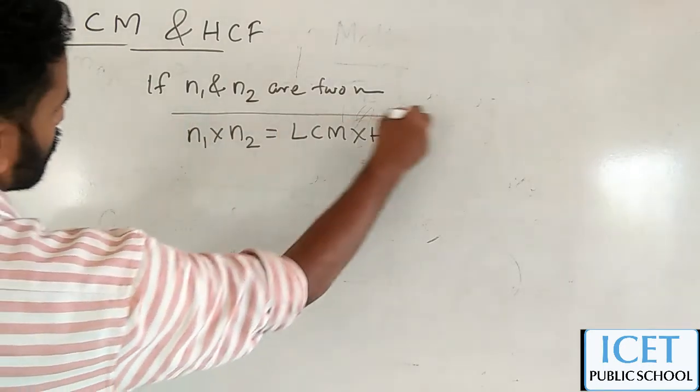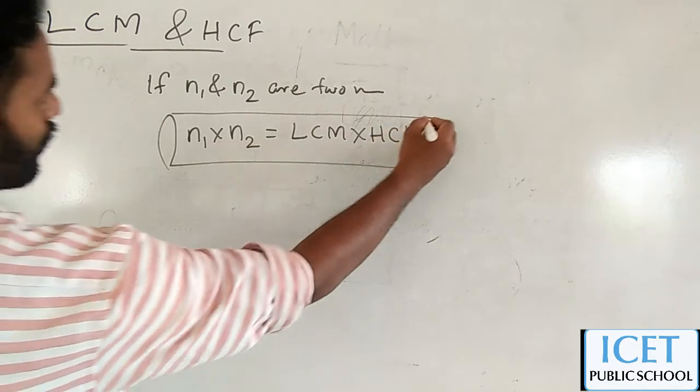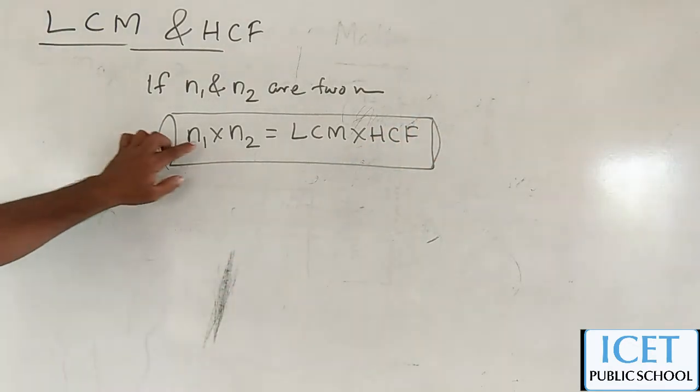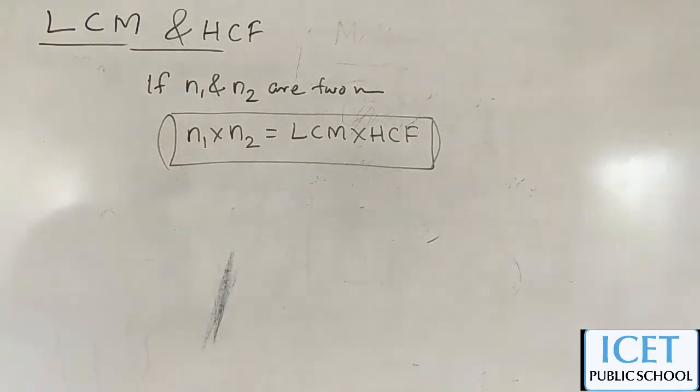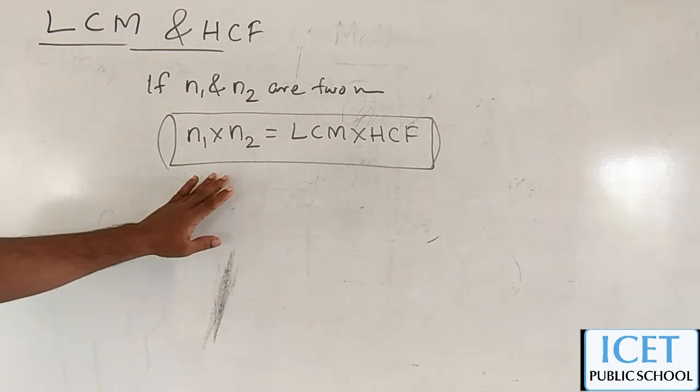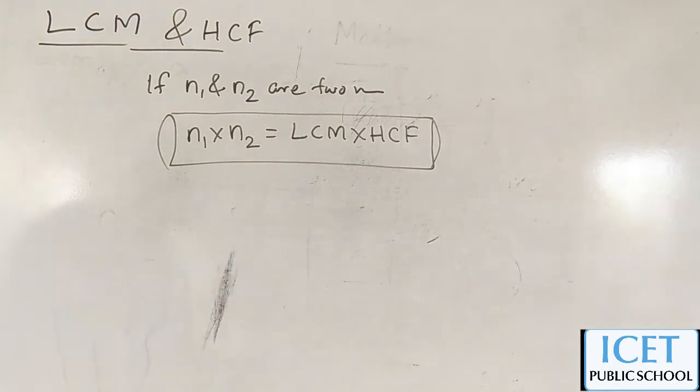You have to know it. Okay, enclosing a box. n1 into n2 is equal to LCM into HCM. That means product of 2 numbers is equal to LCM into HCM. Okay, it is the relation.